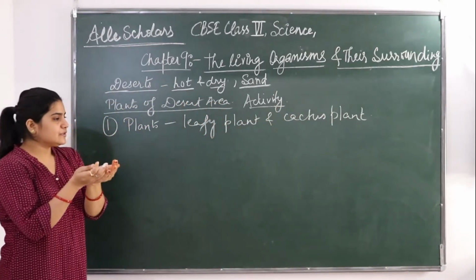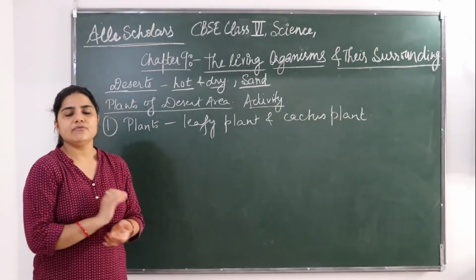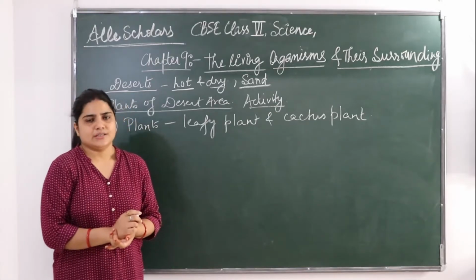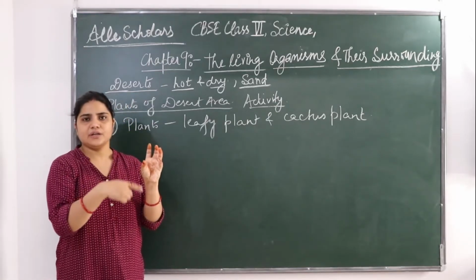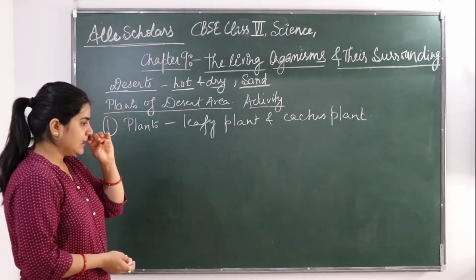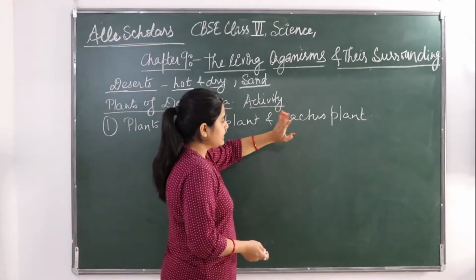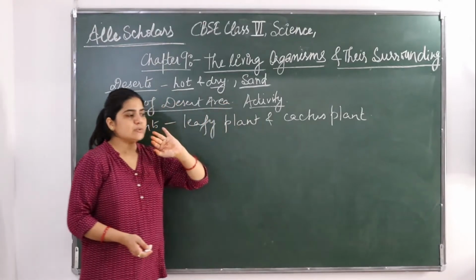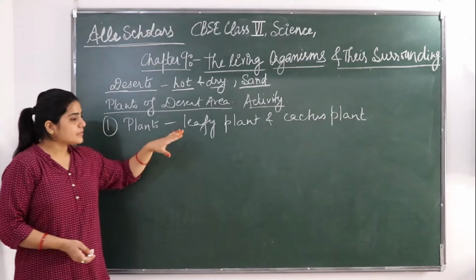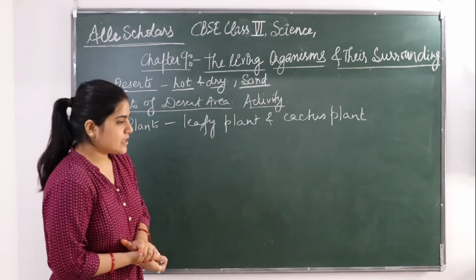Okay, so leave the potted plant in the sun for a few hours after covering it with a polythene bag. But we are going to see that this desert plant, that is a cactus plant, loses very little water through transpiration. Whereas this leafy plant loses much of the water.